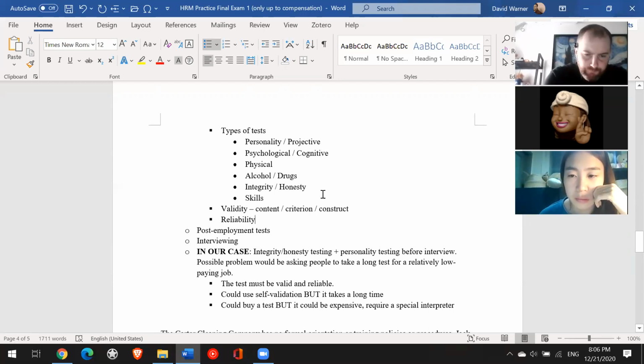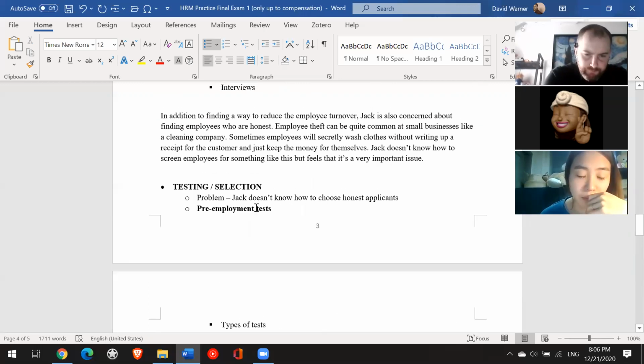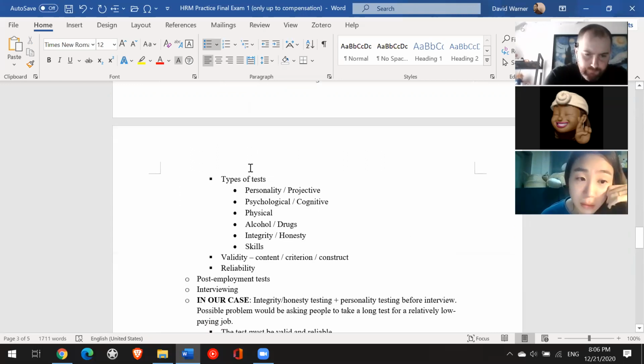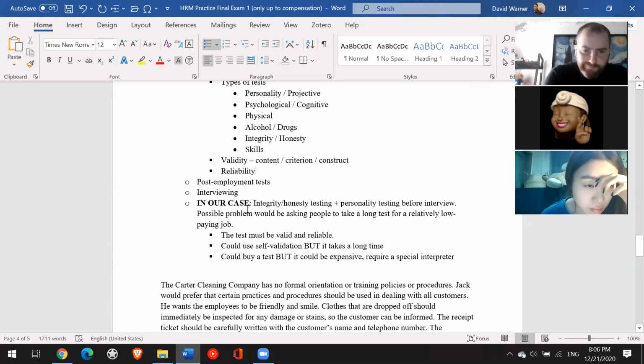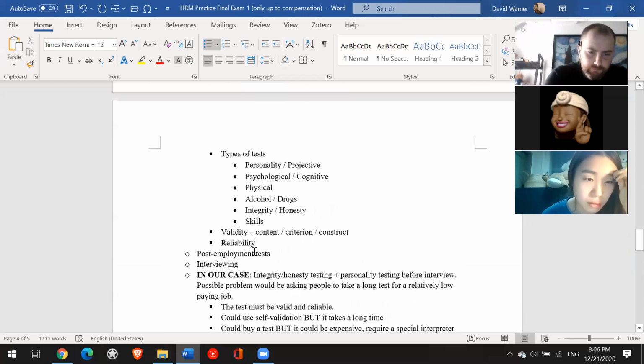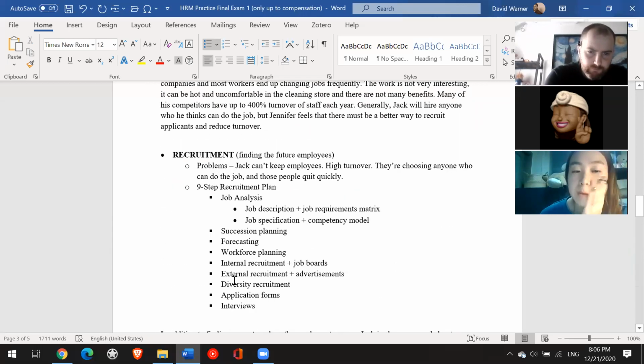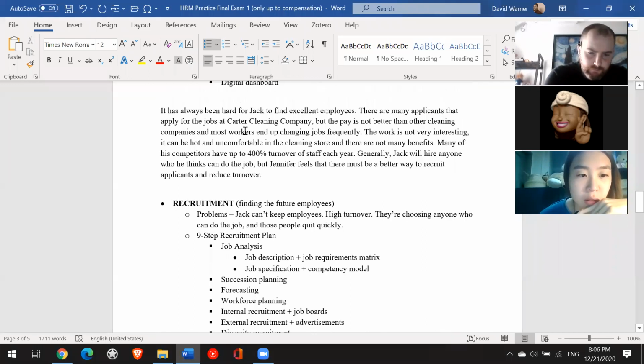So while I do want you to give me a background to testing and different kinds of tests, it's also very important to me that you're answering the question. Looking back on recruitment, we discussed all these different types of recruitment. Now, their problem is that many applicants apply, but the pay is not good, workers quit frequently, the work is not interesting, it's hot and uncomfortable, there's up to 400% turnover.